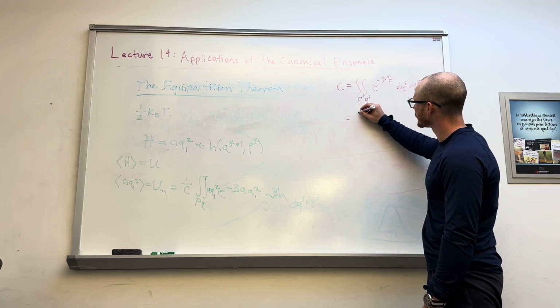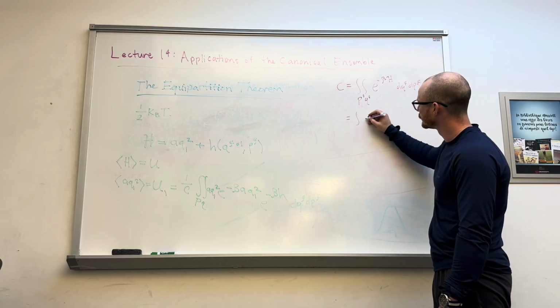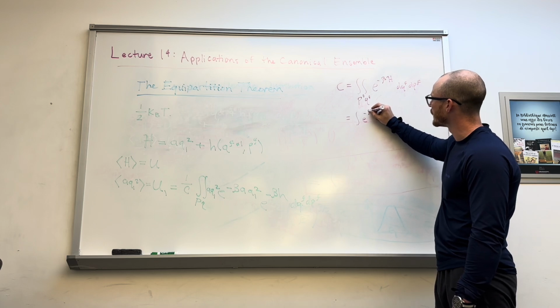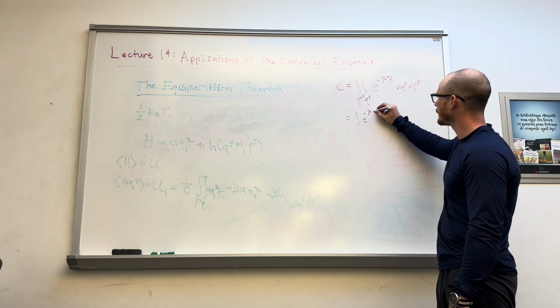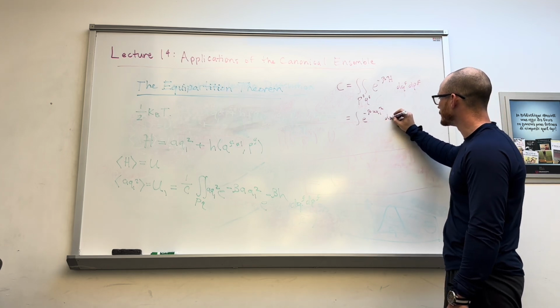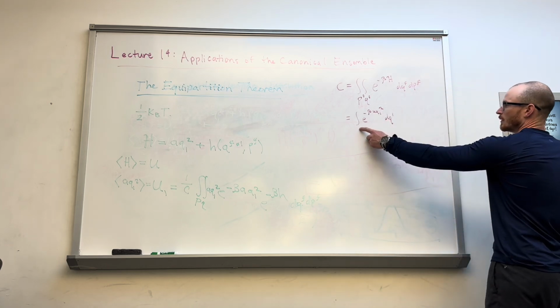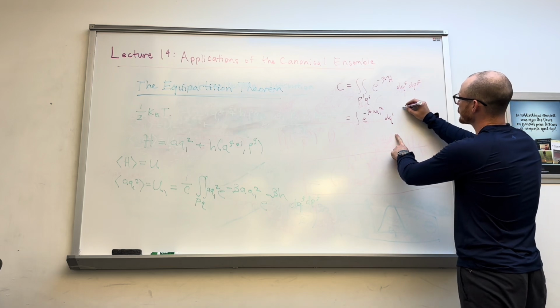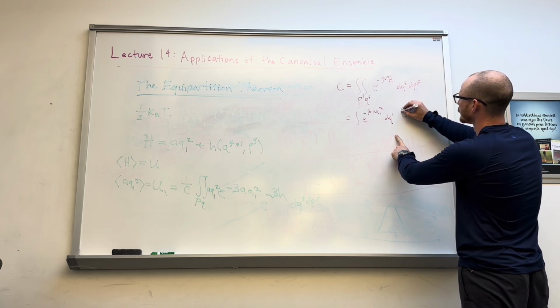So the way I'm going to write that is integral e to the minus beta a q1 squared dq1, times everything else, which we'll call theta.